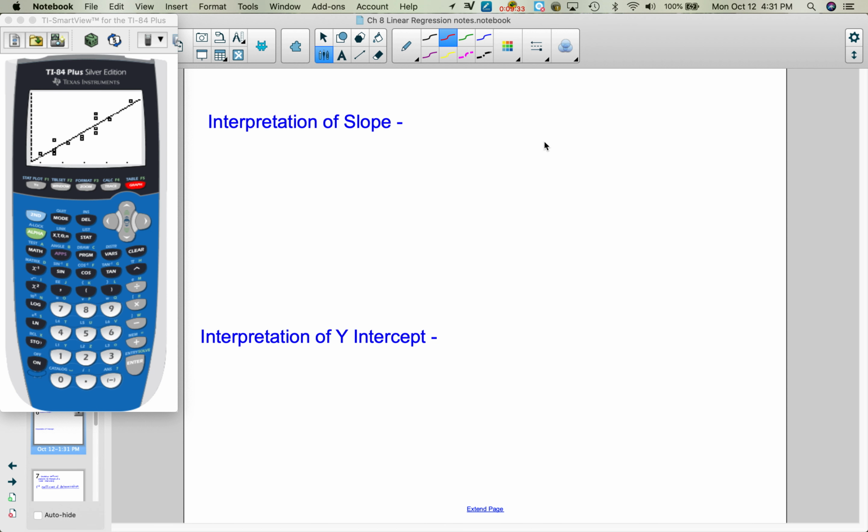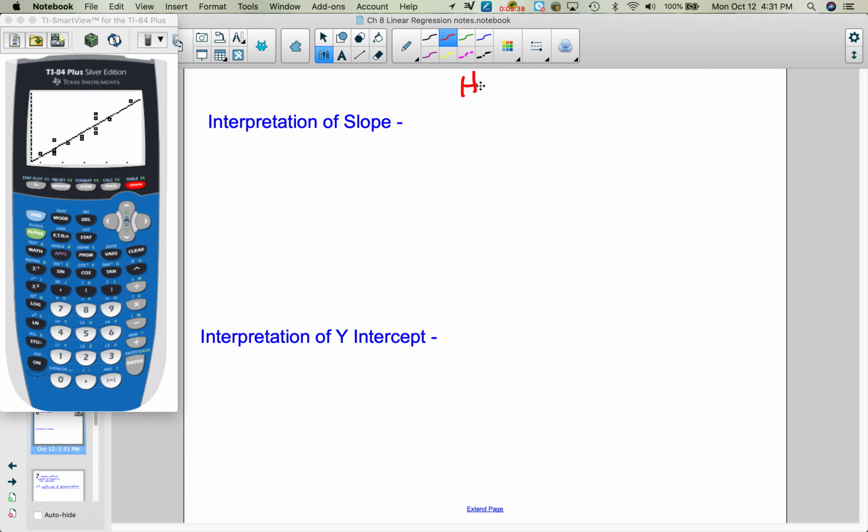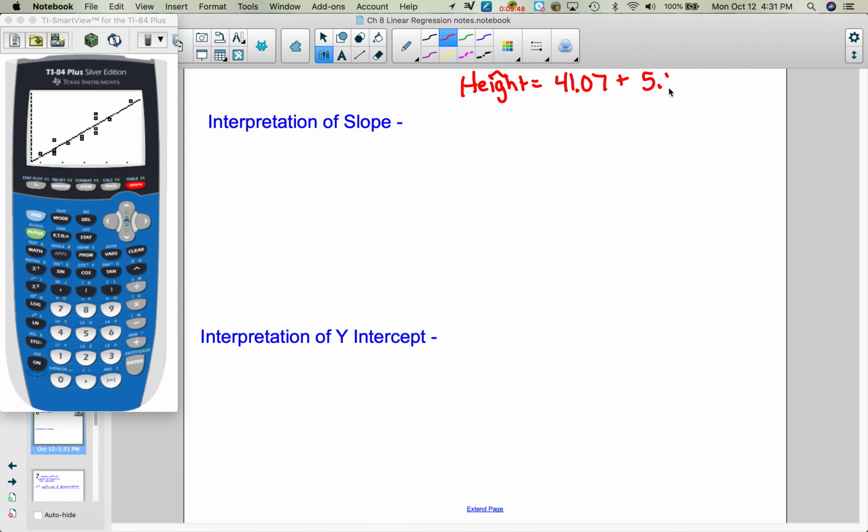It's really important, and actually let me rewrite this. So we had height equals 41.07 plus 5.18 foot. It's really important that you know how to interpret the slope on a regression equation. So if you think about how you interpret the slope for just a regular linear equation: as you increase the x value by 1, the y value increases by whatever the slope is.